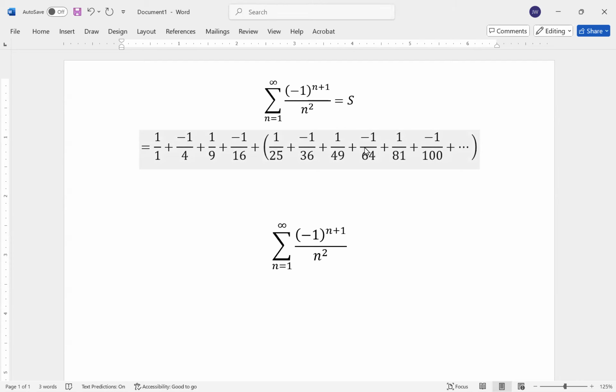So what I'm getting at is that the sum of the first four terms, which we again call our partial sum S4, plus the remainder after the first four terms, is going to be equal to the actual sum.